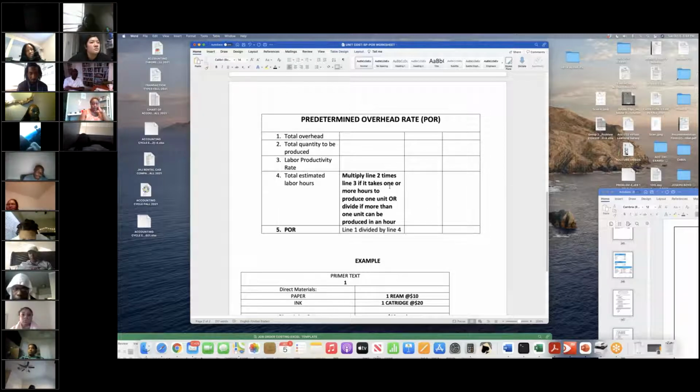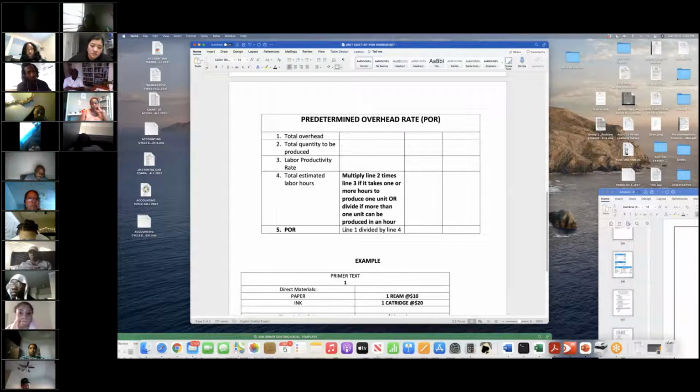If it takes one or more hours to make the product, we're going to multiply to come up with the total hours. If we can make more than one product an hour, we're going to divide to get the number that goes on line 4.